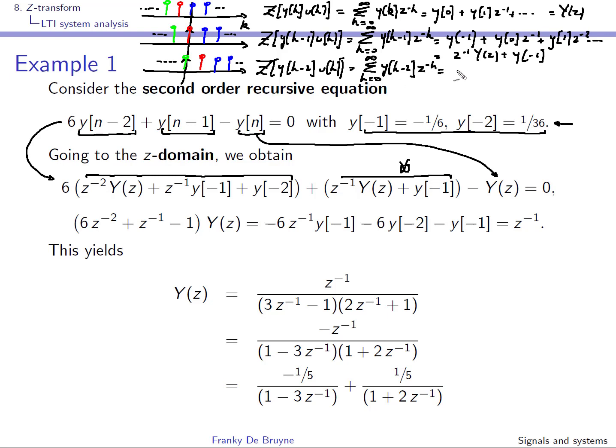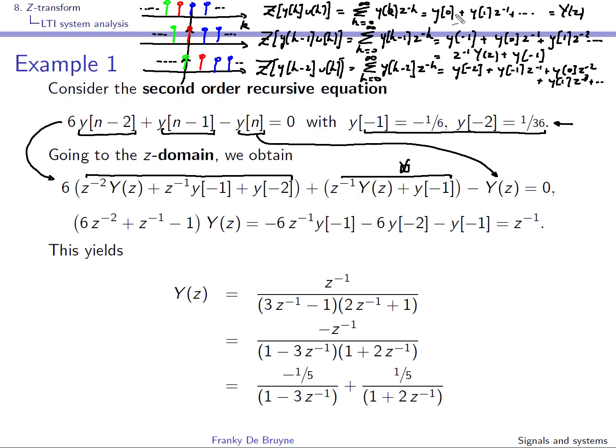Term that corresponds to k=0, y(-2) times z to the power 0; plus y(-1) corresponds to k=1, z^-1; plus y(0) z^-2 plus y(1) z^-3, etc. This term corresponds to k=3, this one to k=2.